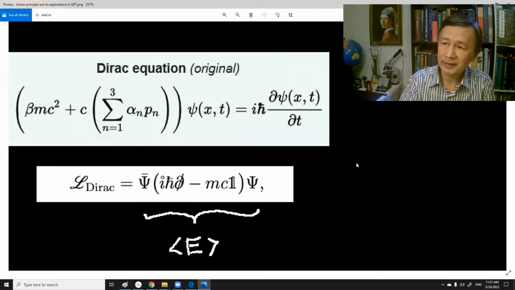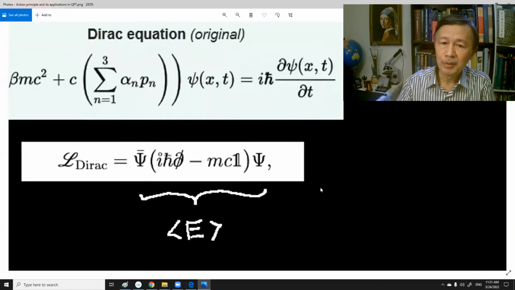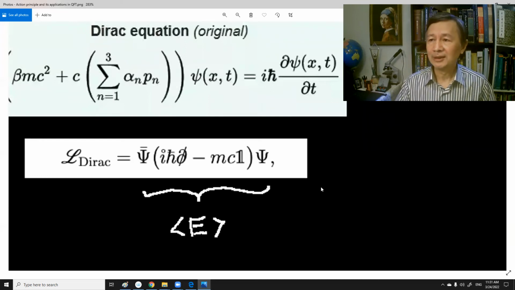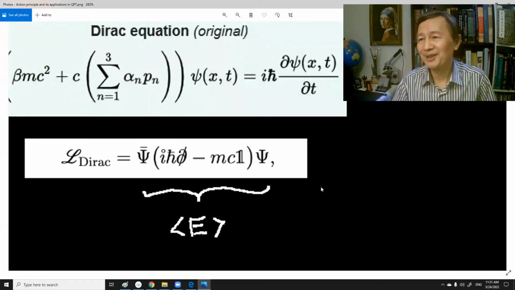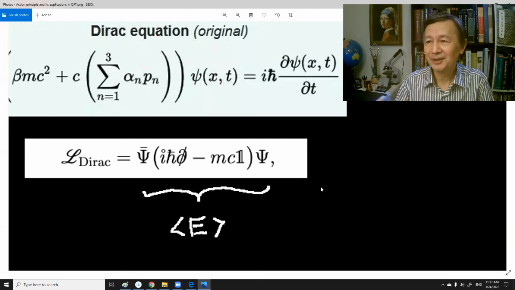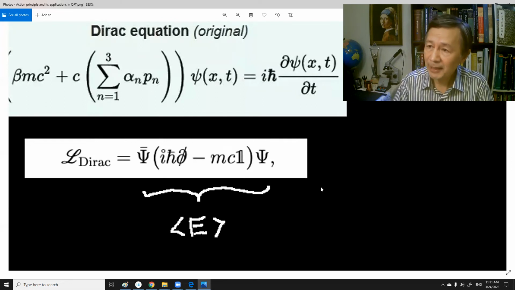On the left-hand side is the energy. Dirac himself didn't mention this; he just used this simple mathematical treatment and derived many important ideas, such as the spin of the electron, and antimatter, the positron.